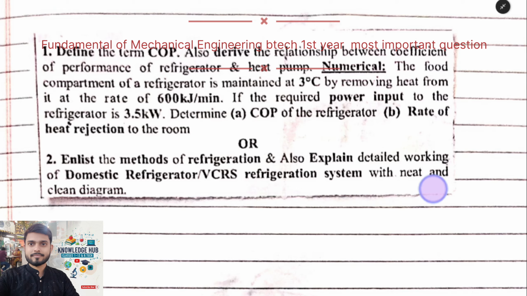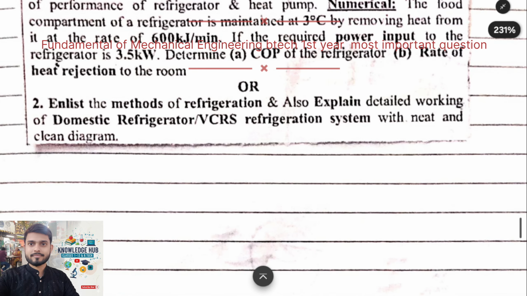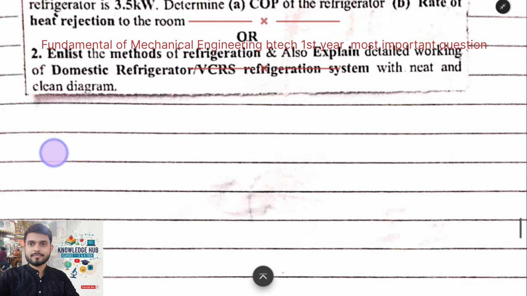If the required power input to the refrigerator is 3.5 kilowatt, determine the COP of the refrigerator and the rate of heat rejection to the room. Now the second one is: enlist the methods of refrigeration and also explain in detail the working of a domestic refrigerator, the VCRS refrigeration system, with a neat and clean diagram.